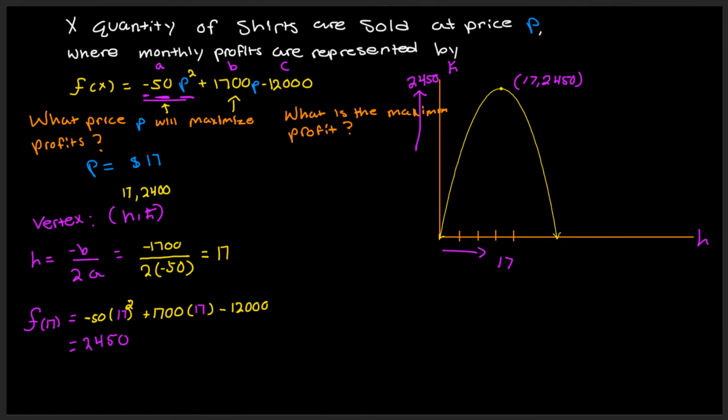And that profit maximum is going to be $2,450. This is the point at which maximum profits are yielded. If you want to think about this in terms of supply and demand, this is the point where demand and supply kind of meet in equilibrium, where the profits are maximized as well.